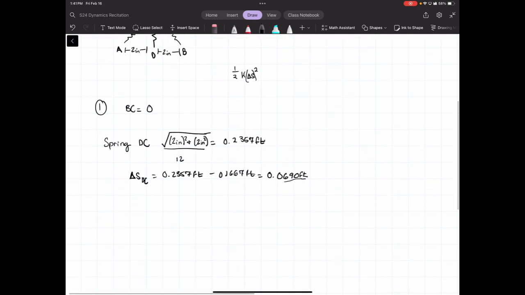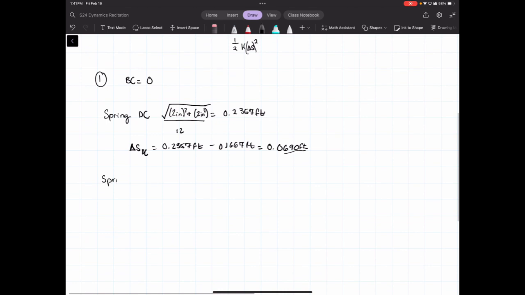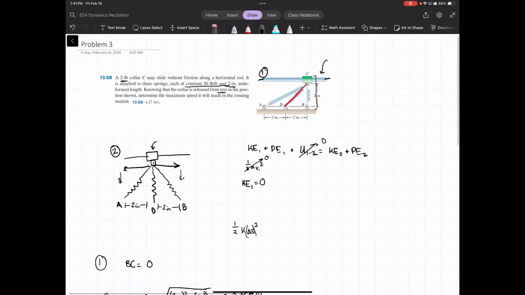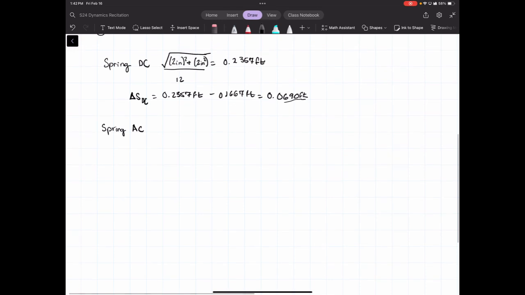All right. So then for spring AC, if we go back to our picture, that's going to be this length. We have both legs of the triangle. So Pythagorean theorem, the square root of 4 inches squared plus 2 inches squared, divided by 12.